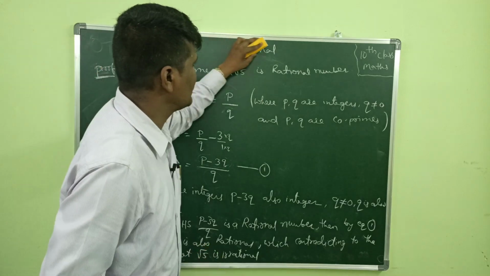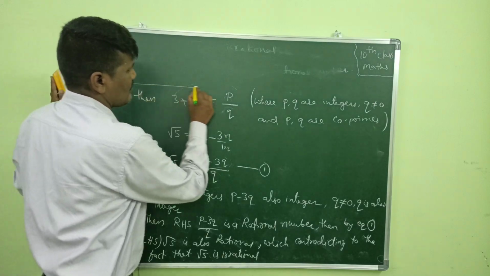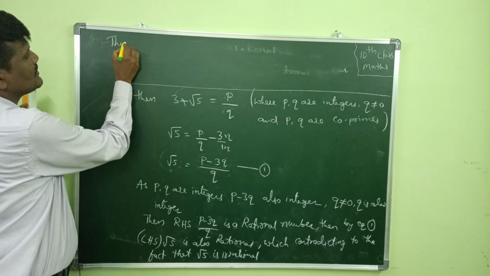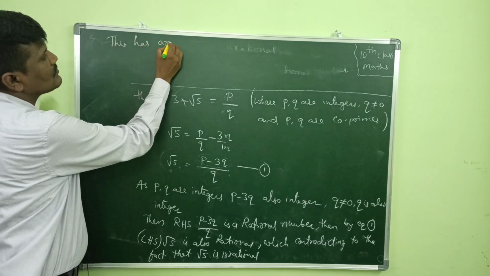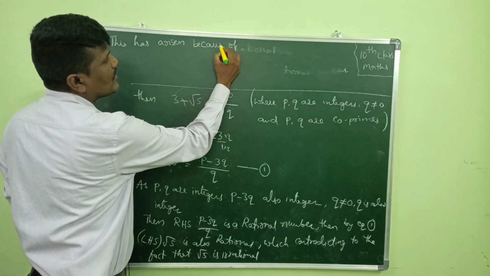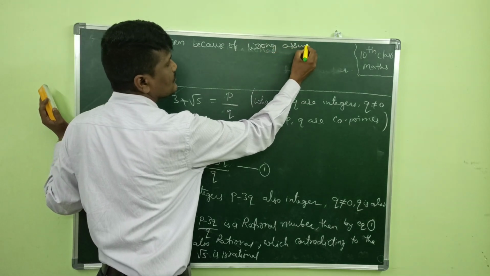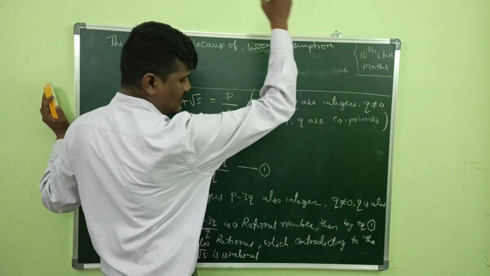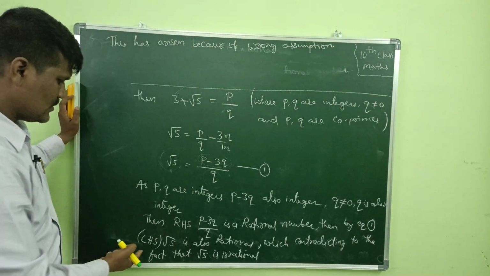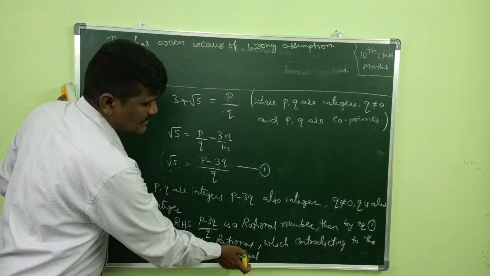I am removing this one. So why has this come? I'll write here: this has arisen because of our wrong assumption. So we can conclude now that root 5 is rational, which contradicts the fact that root 5 is irrational.